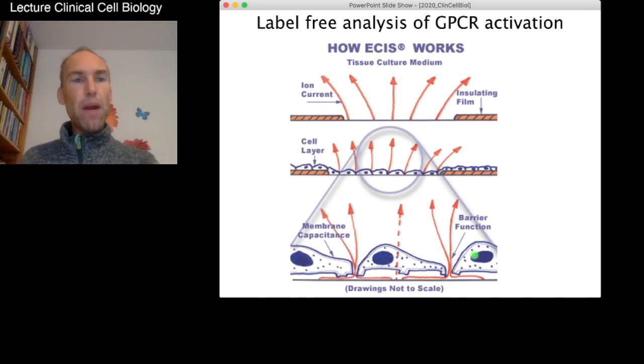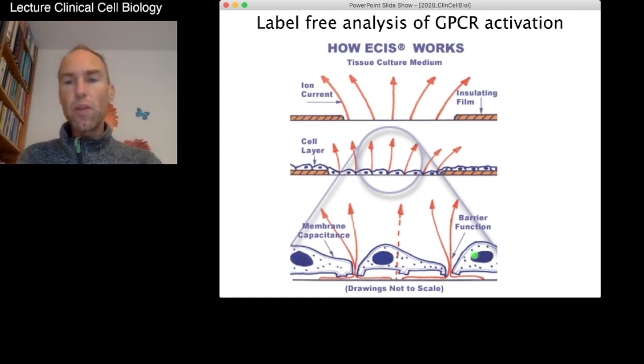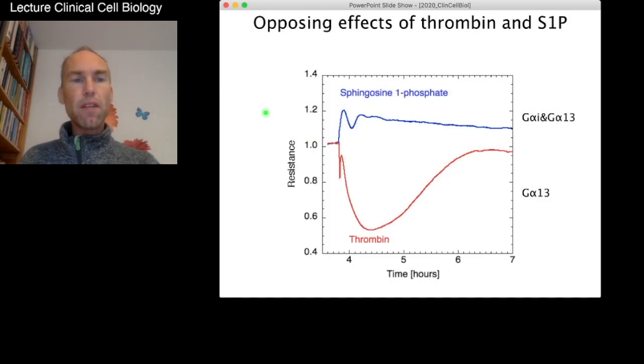If the barrier is strengthened, so you get a better overlap of the cells, then the resistance increases. This technology is abbreviated as ECIS. What you should remember is that this is a population analysis. We have a lot of cells on this monolayer, and we measure how this whole monolayer reacts.